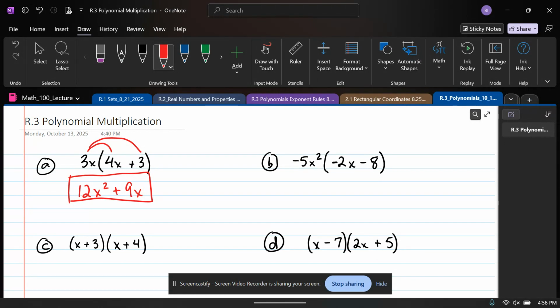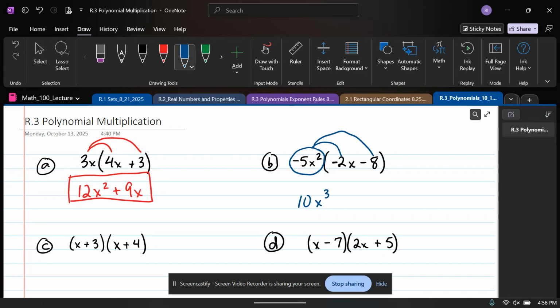Over there to example B, we got a little higher exponent there with the negative 5x times negative 2x minus 8. So a lot of negatives in this problem. But when we distribute, you want to make sure you distribute that sign with it. So that's a negative 5 times a negative 2, which is going to give us a positive 10. And then what's x squared times x?